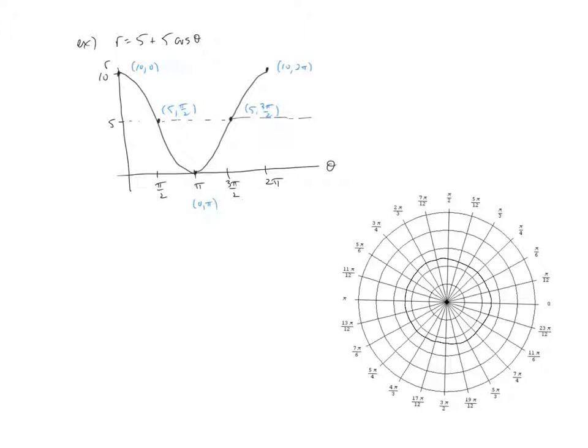We've got 10, 0, so out to 10 at 0. 5, pi over 2, that would be right here. Then we'd have 0, pi, which is back at the pole. 5, 3 pi over 2, which would be down here. And then back to where we started, 10, 2 pi.